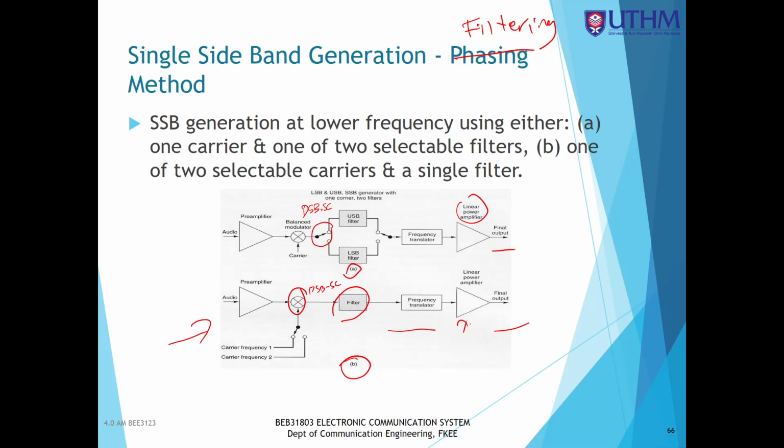So these are the filtering methods. That means we produce the double sideband suppressed carrier, and then we use a filter to select the sideband that we want. Then we can do another process, either amplify or something else, before we transmit the signal.